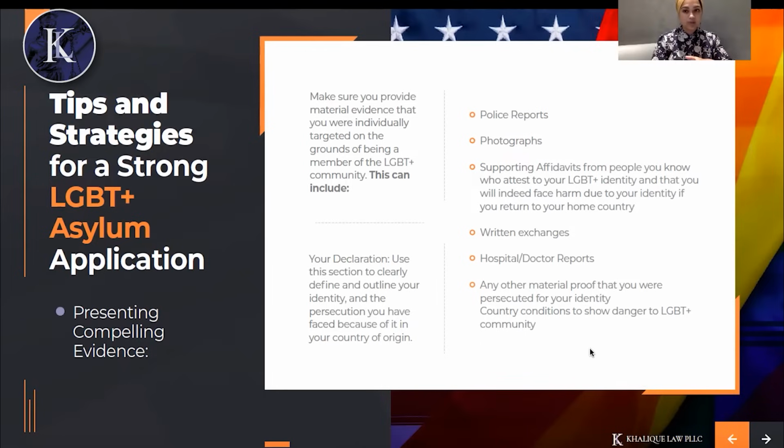You've faced harm already because of your identity as LGBTQ. And the country conditions that there is a reasonable basis for you to return because of what's going on in your country, how society there views LGBTQ people, and establishing what the government's position is on this situation.